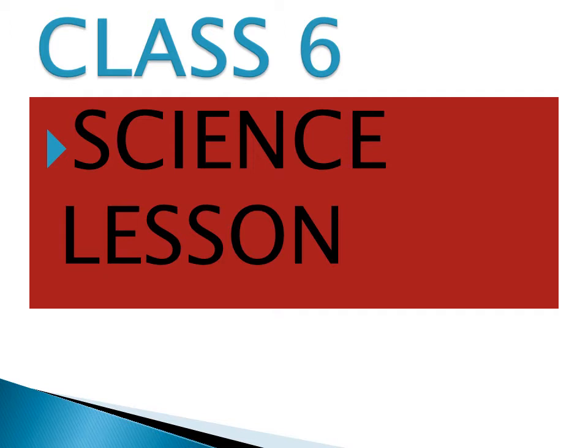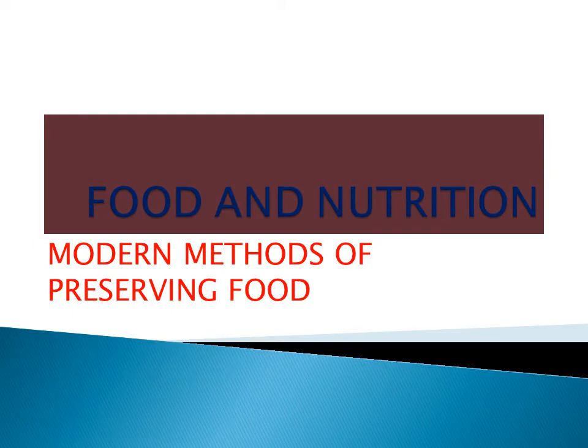Our topic is food and nutrition. Our subtopic is modern methods of preserving food. Last time we talked about what is food, what is nutrition, what are the nutrients. We talked about food preservation.